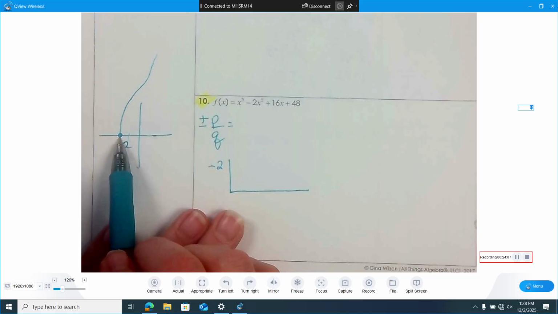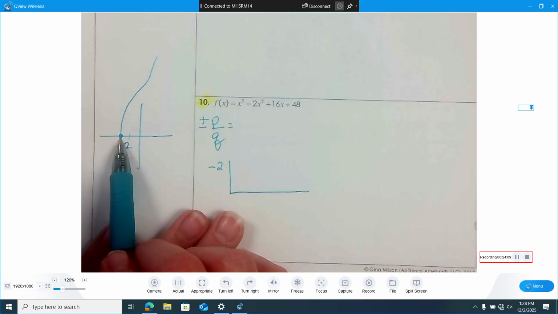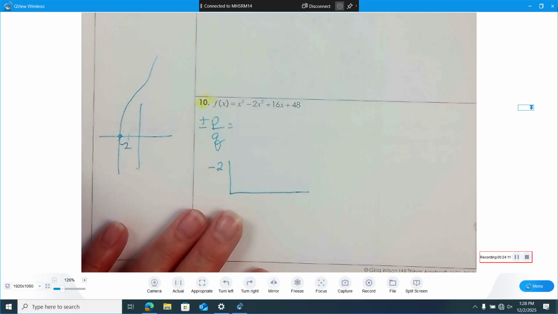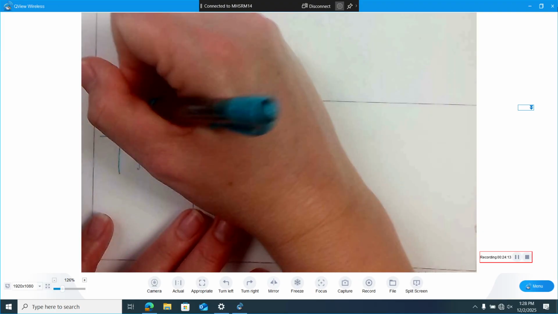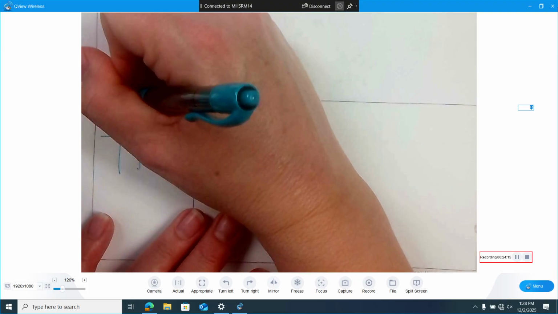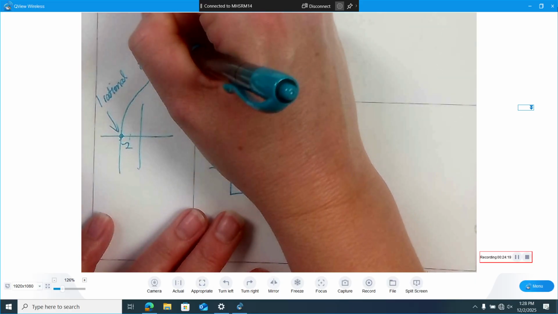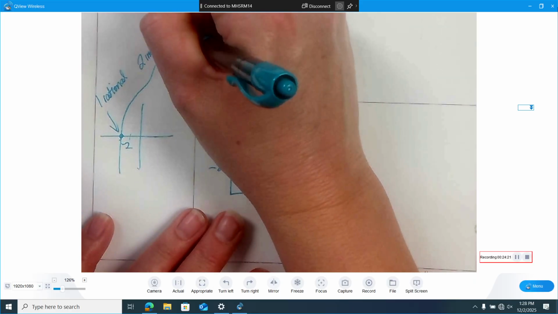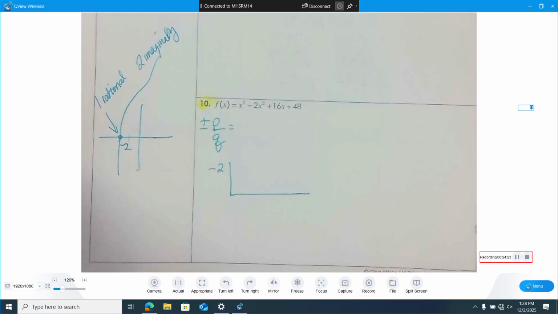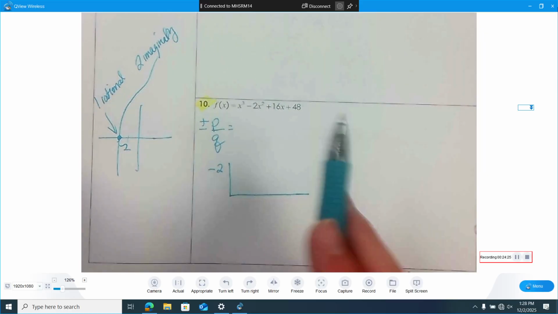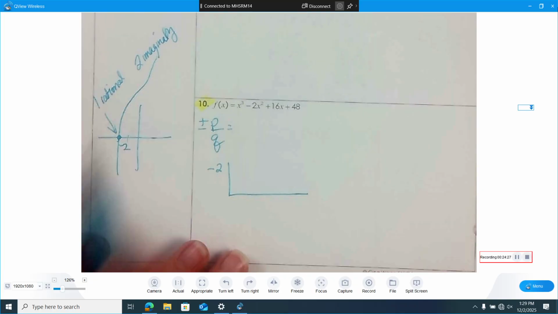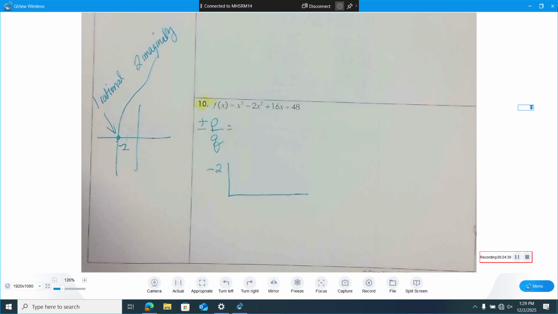So if there's only 1 zero that it's crossing at, what does that mean? Yeah. So there's 1 rational zero, and then there must be 2 imaginary zeros. Because it's not crossing anywhere else. Okay. There will be a plus or minus something i in there, yes.